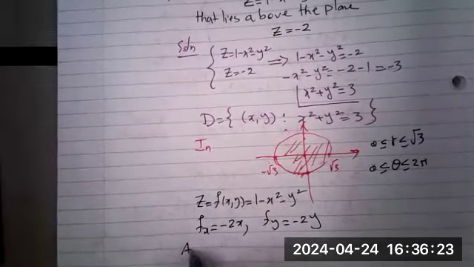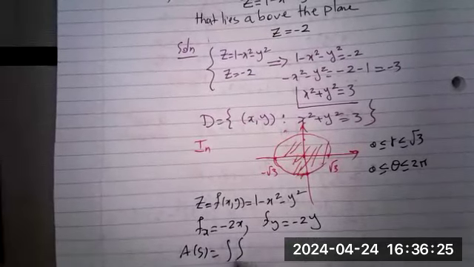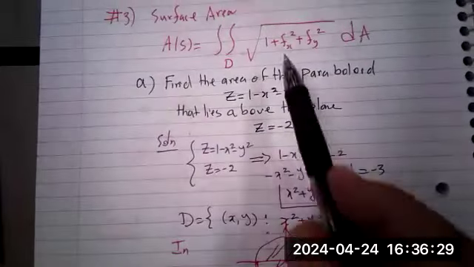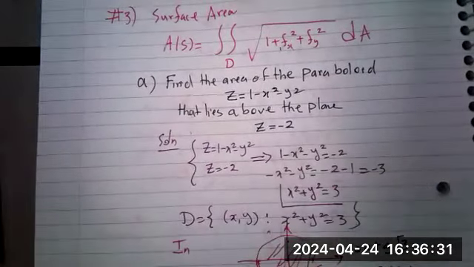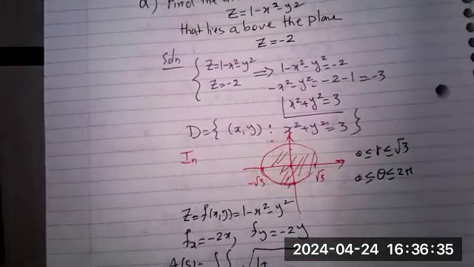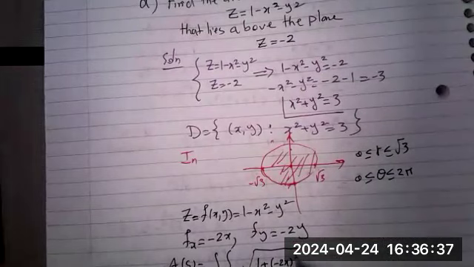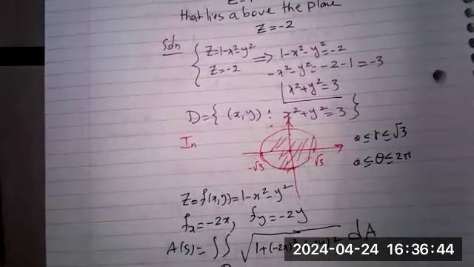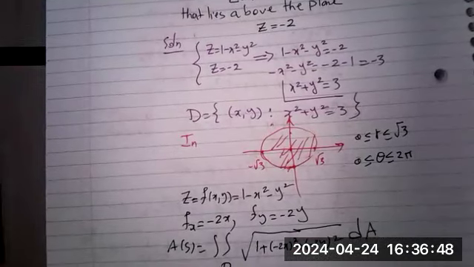So form A of S. It's a double integral on D. Remember, this is it. That makes it the square root of 1 plus (negative 2x) squared plus (negative 2y) squared, and the dA. So that gives you 4x squared and 4y squared.